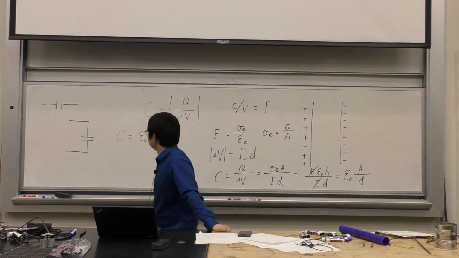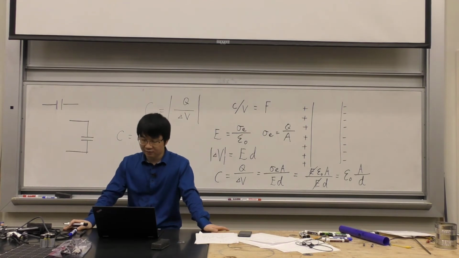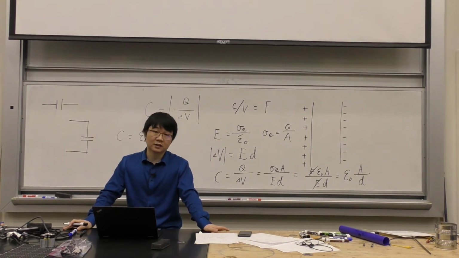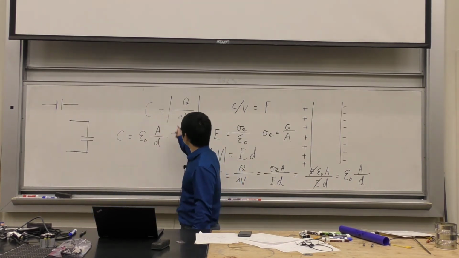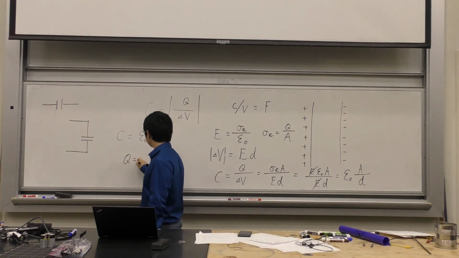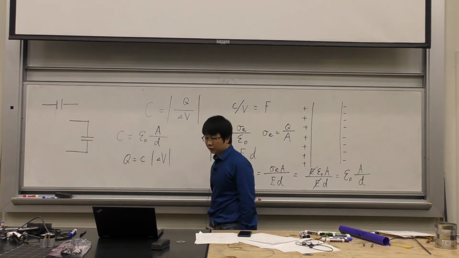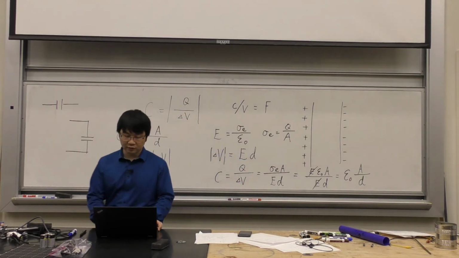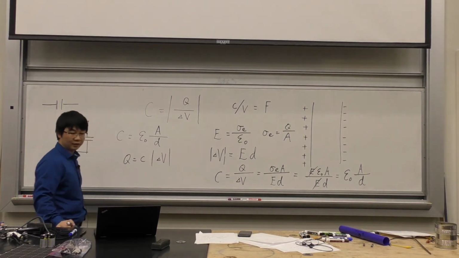So this capacitance, C, is a measure of the ability of the capacitor to store electric charge and energy. Why is that? Think about it. If you rearrange this equation, what do you get? You would get Q equals C times delta V, right? I always tell my students to use a water tank to help them understand the relation between these three quantities.